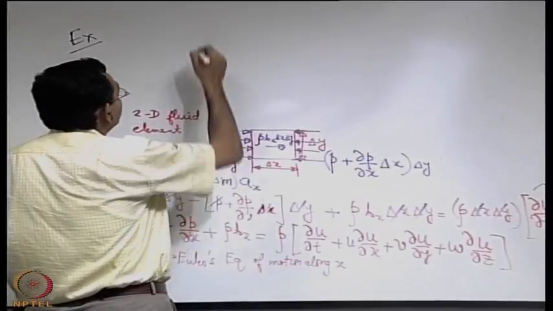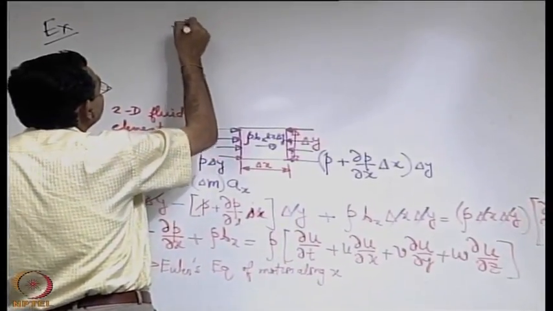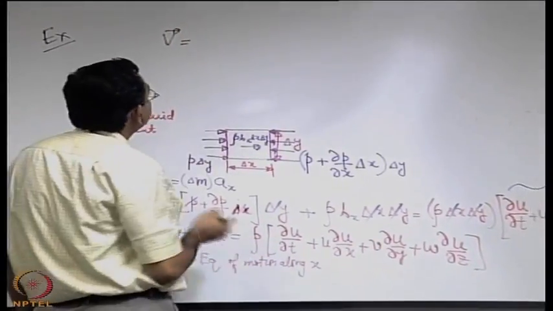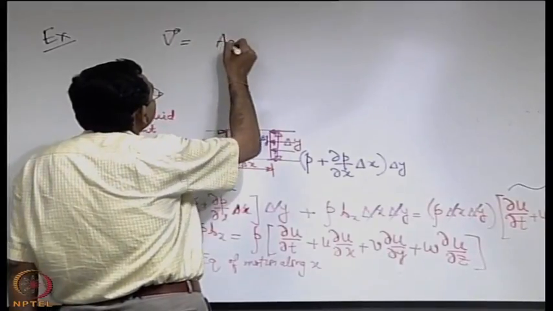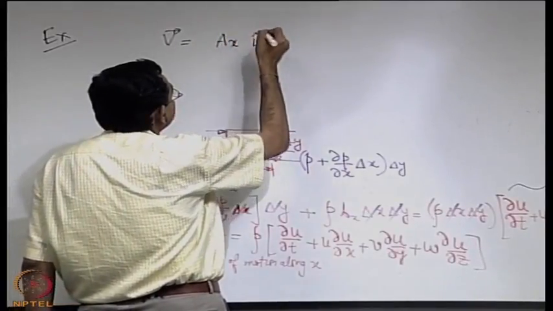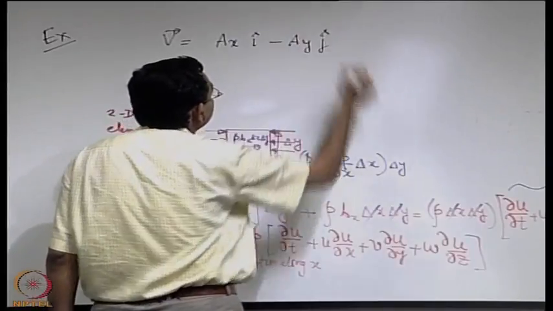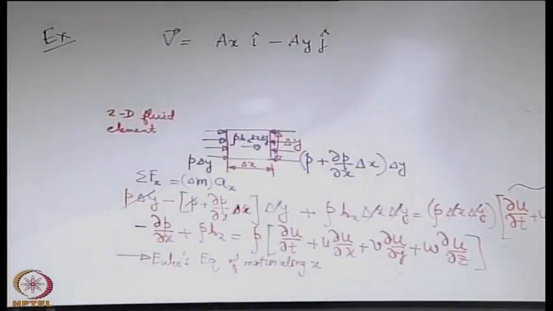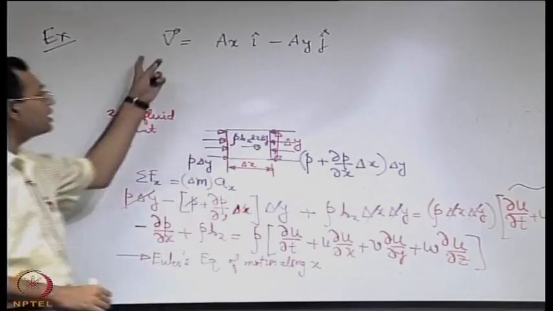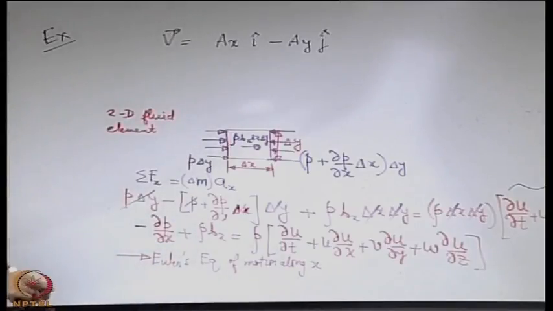Let us say that you have a velocity field v given by ax i minus ay j, where a is a constant number and a dimensional number to adjust the dimensions on the two sides.